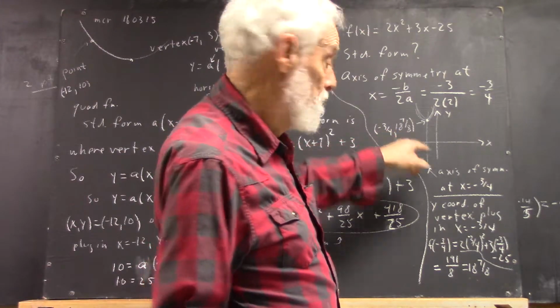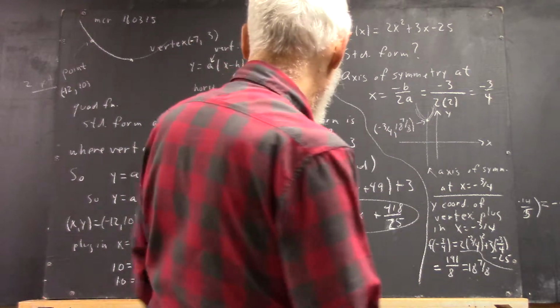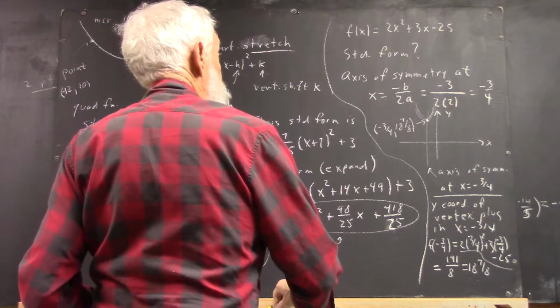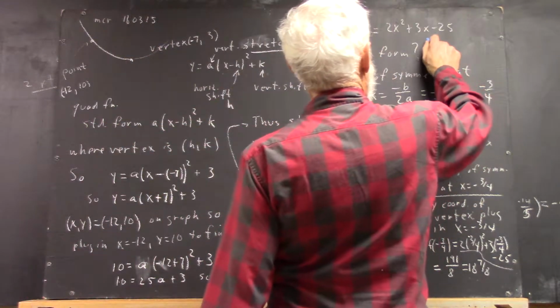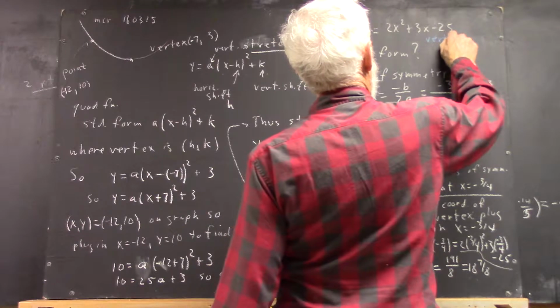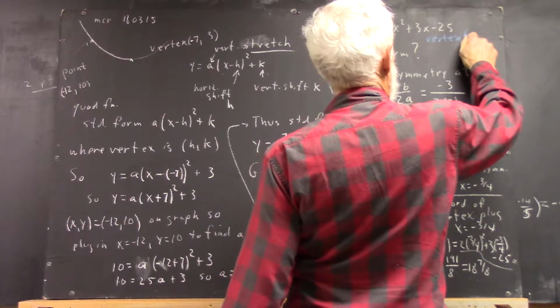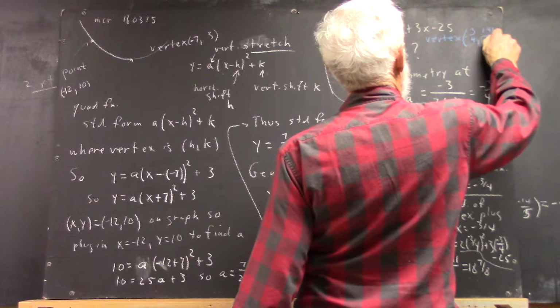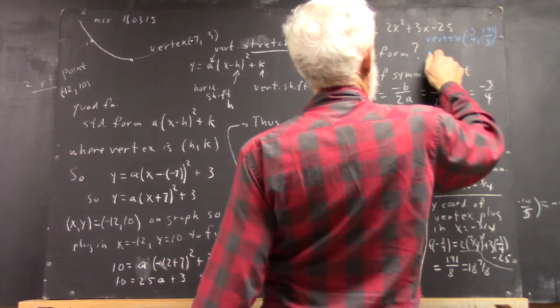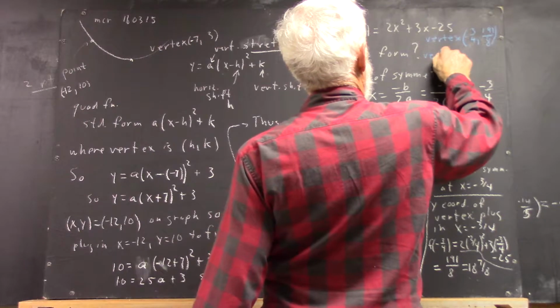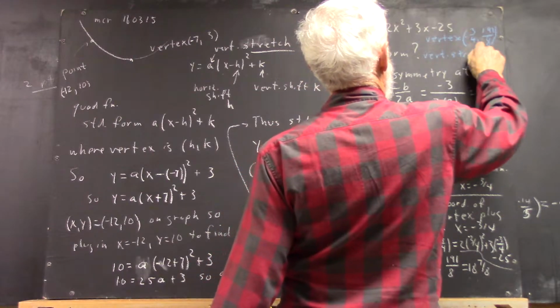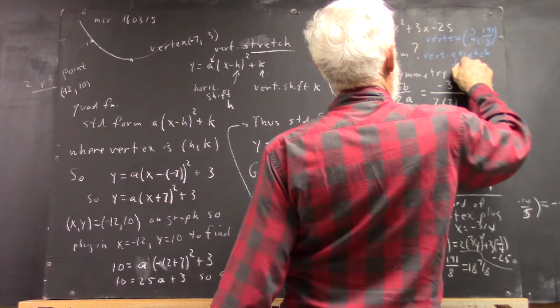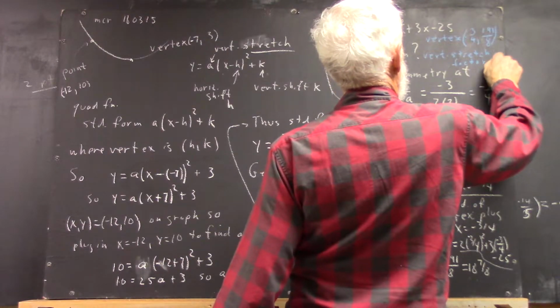So the standard form vertex is negative 3/4, 191/8. Vertical stretch by factor 2.